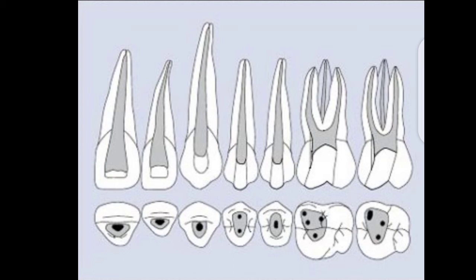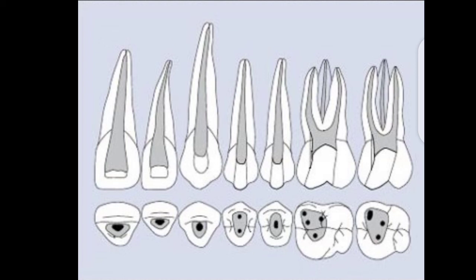For the upper first molar there are 4 canals, and for the upper second molar there are 3 canals. For the upper first molar, they are known as mesiobuccal, distobuccal, palatal, and mesiobuccal 2 canals.